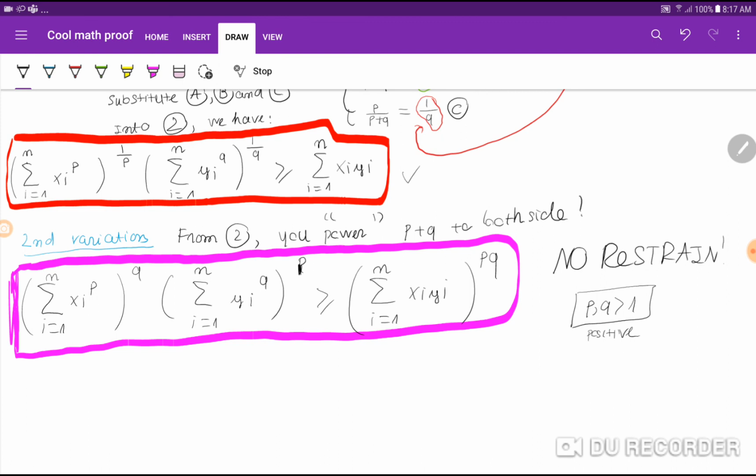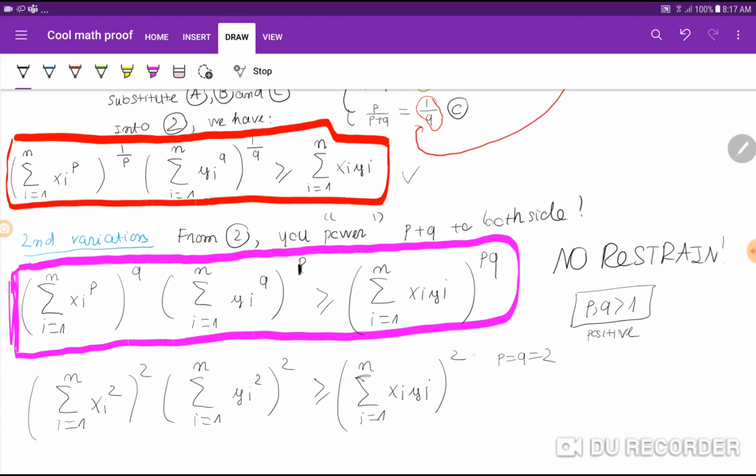So let me give you an example. If P equals Q equals 2, you have the summation of xi squared times the summation of yi squared greater than or equal to the summation of xi yi, squared.